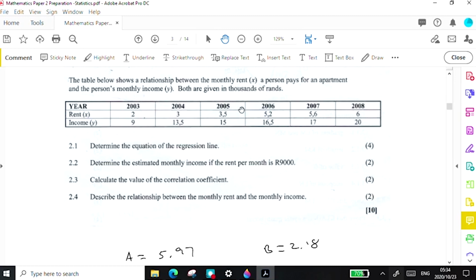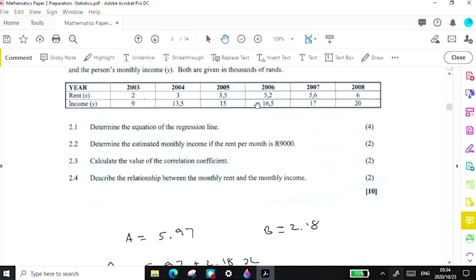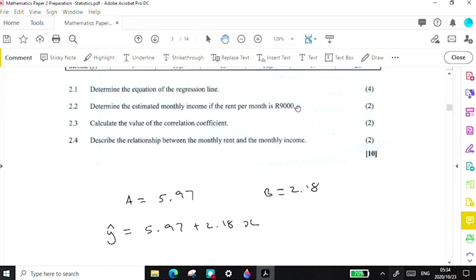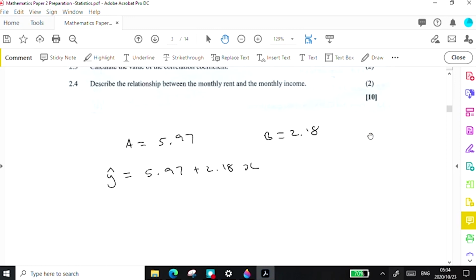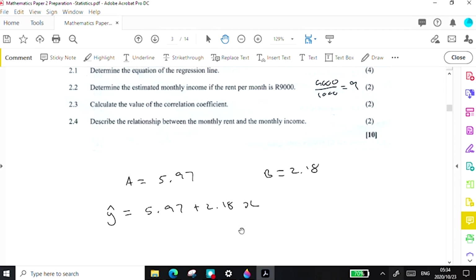Since these values are in thousands of rands, we need to divide the 9,000 by 1,000, and we get 9. So we should use 9 in our regression line to estimate the monthly income.